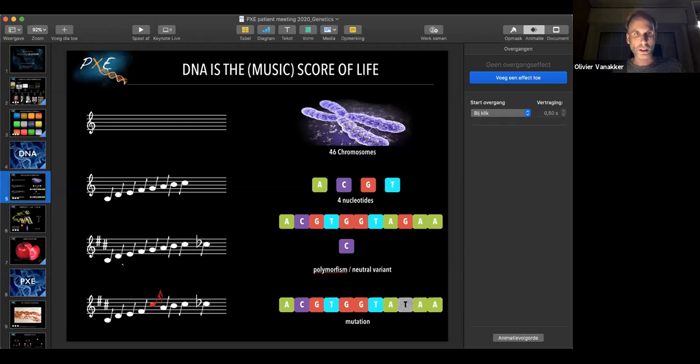And this is called a polymorphism or a neutral variant. And then finally, of course, everybody knows that, especially if you sing in the shower, the false notes that do not really improve the music, and that you can also have in DNA. You have certain variation that is not neutral, but leads to a disease, and that is called a mutation or a genetic defect.